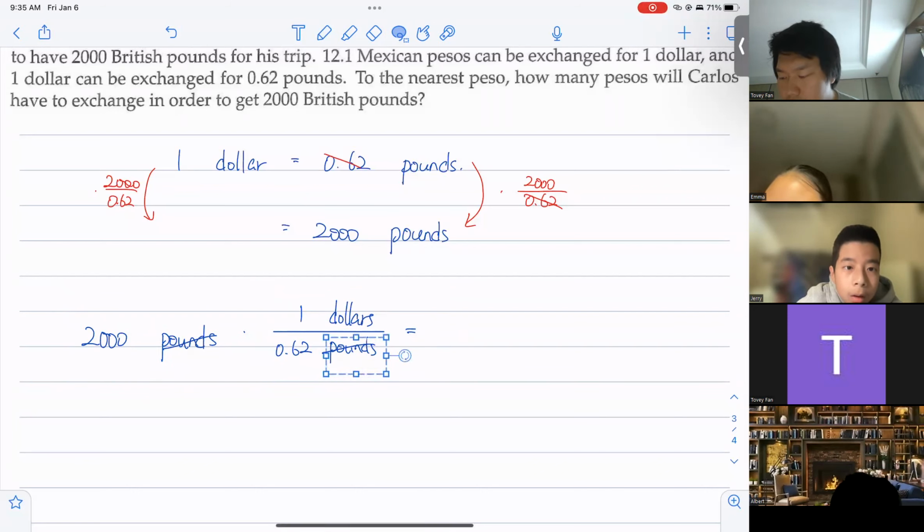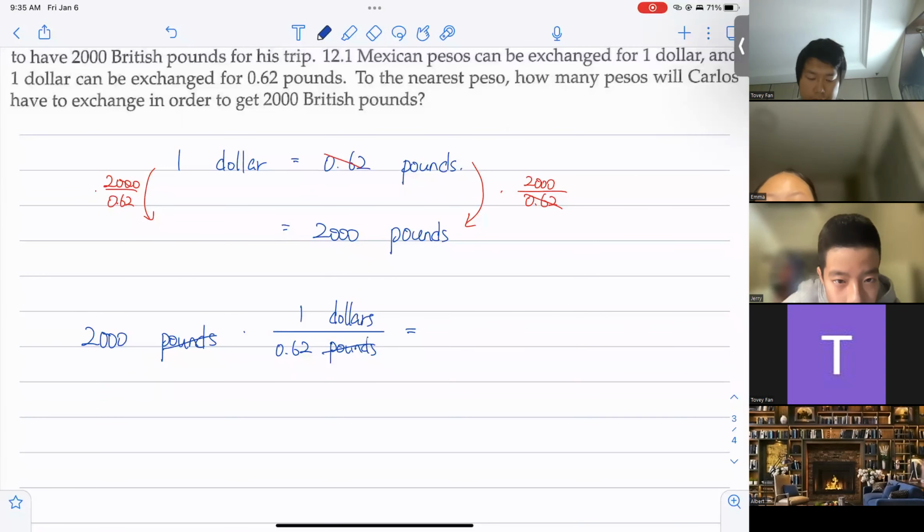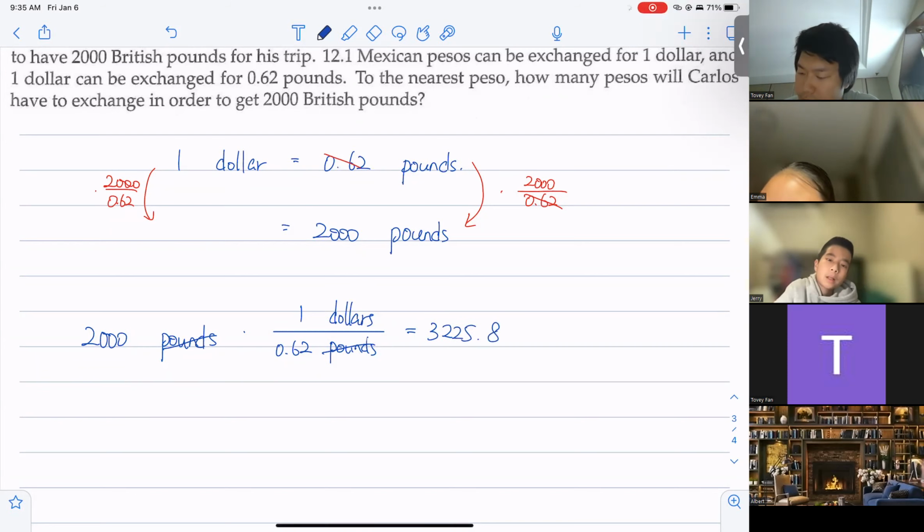Match the units, top and bottom, cancel out, and convert to the new units, okay? So this will give us, let's see, 2000. For this kind of question, you can use a calculator. It's 3225.81, okay, dollars.